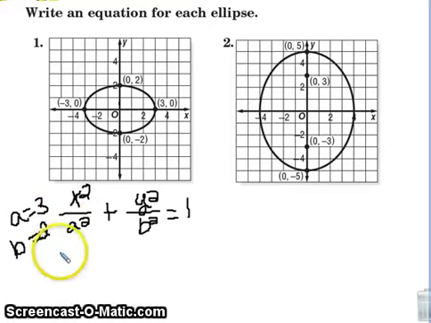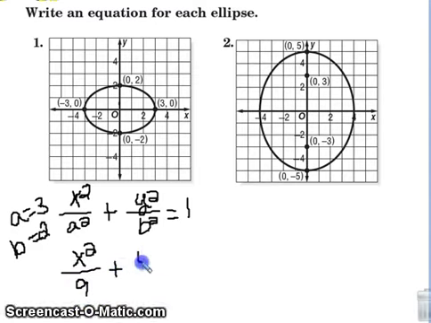And so when we plug that in, gentlemen, we are going to get x squared over 9 plus y squared over 4 equals 1.